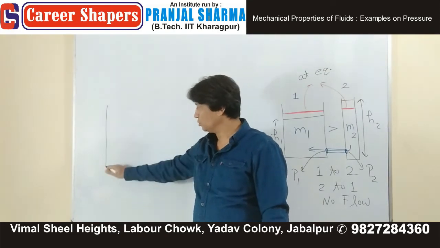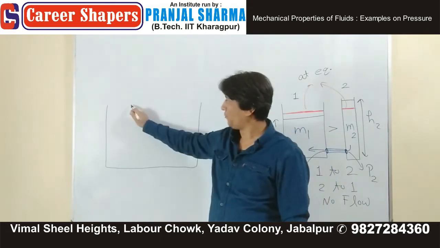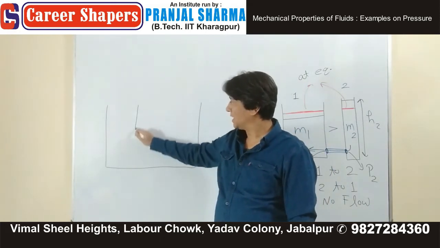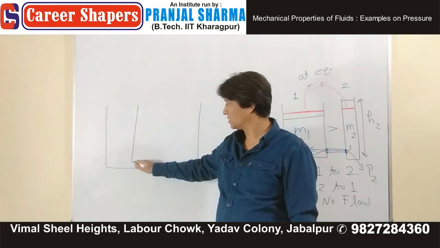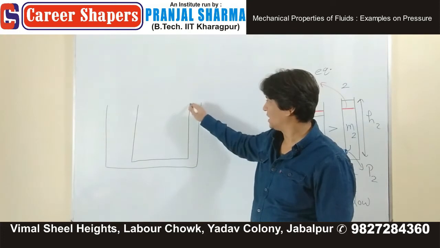Let's take a U tube in this form. It has a larger cross section at one place and is thinner at the other.